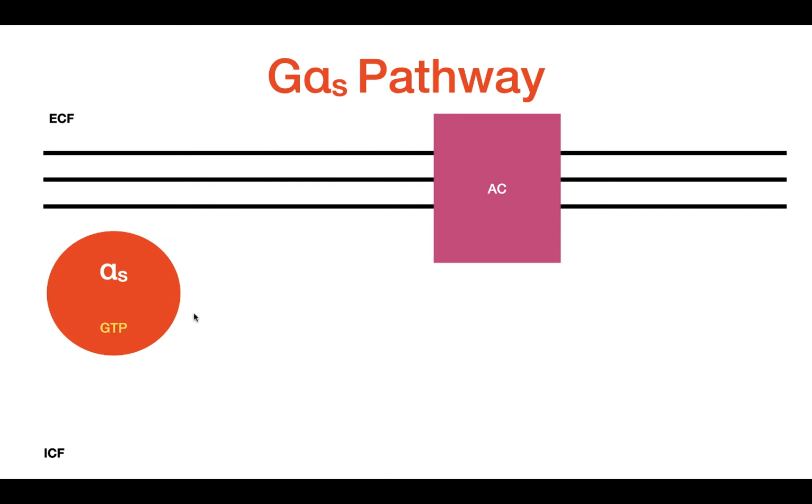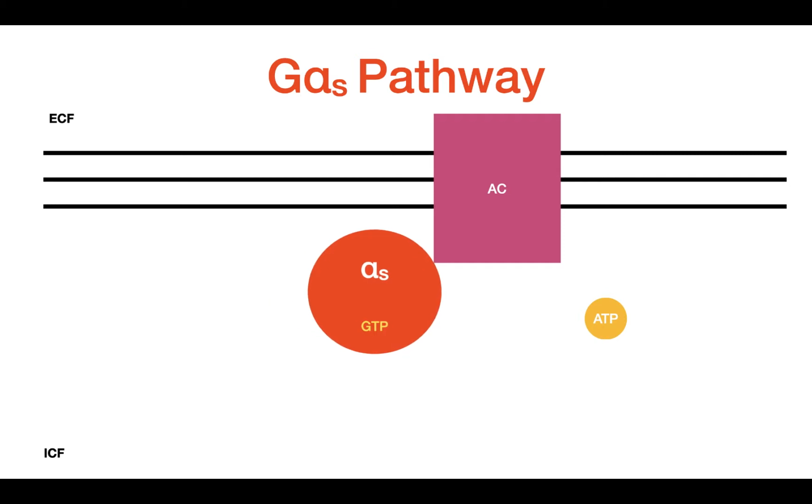Adenylate cyclase is responsible for converting ATP into something called cyclic AMP. So when the alpha stimulatory protein binds to the adenylate cyclase, it stimulates it, which causes the adenylate cyclase to convert ATP into cyclic AMP.